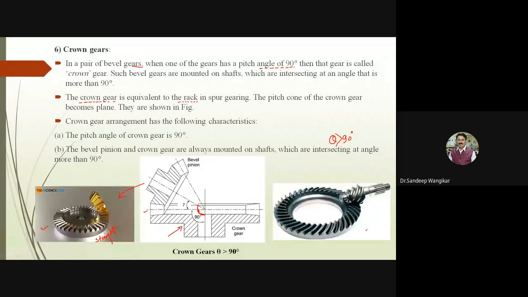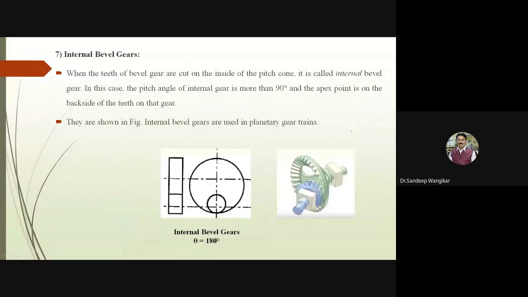Let us move to the last type of bevel gear terminology: the internal bevel gear. When the teeth of the gear are cut on the inside of the pitch cone, we are familiar with the concept of internal gear.